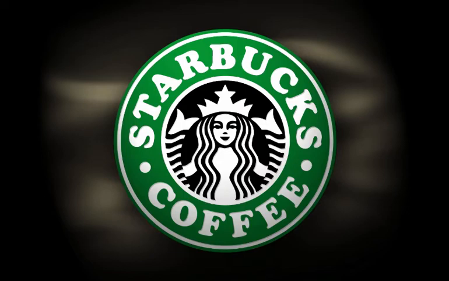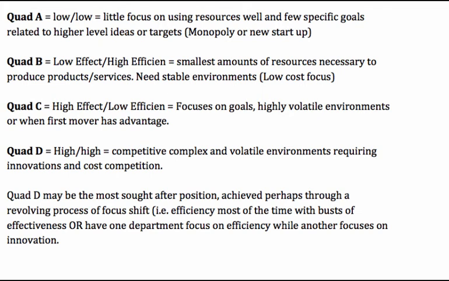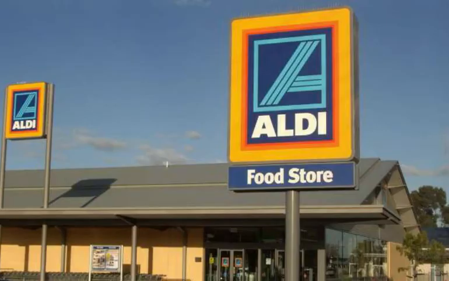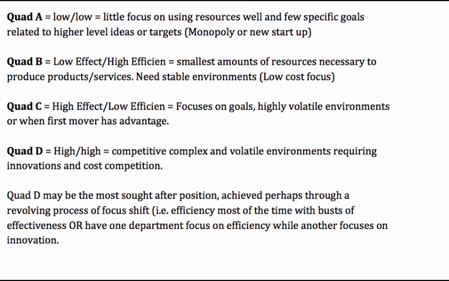Quadrant B is where you are low on effectiveness but high on efficiencies. So these types of organizations are really going to put in just a negligible amount of resources to produce their services or their products. They are the low cost providers, and they really need to have stable environments where they know what their competitors are doing in order to stay competitive.